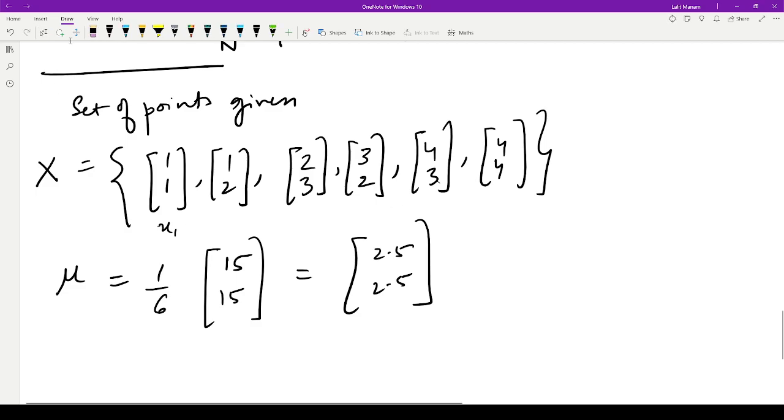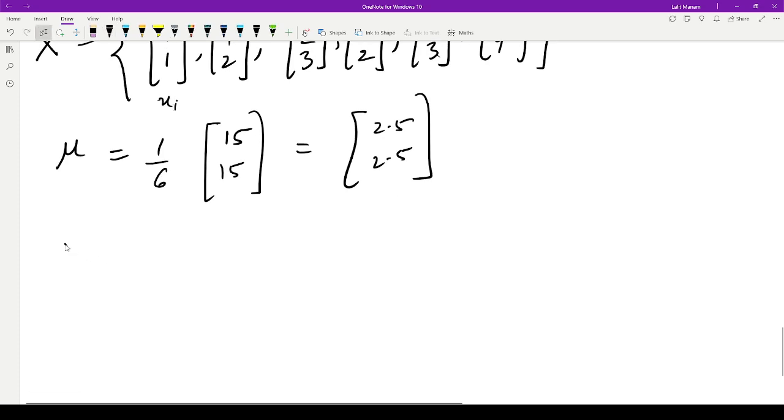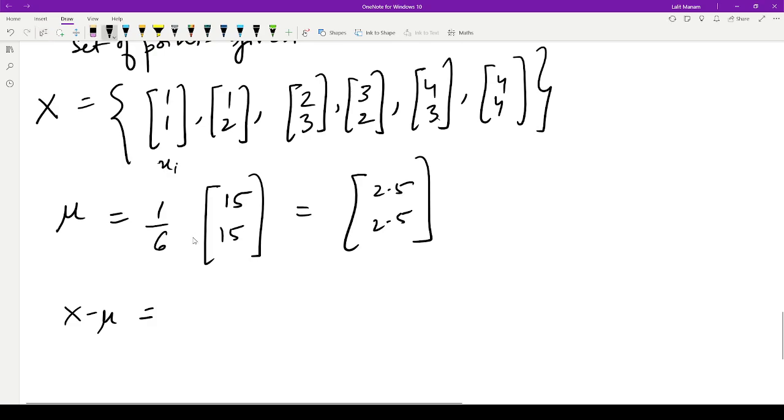And next step is what? We'll have to subtract the mean. Once you subtract the mean, how does capital X minus mu look? This is minus 1.5, minus 1.5.